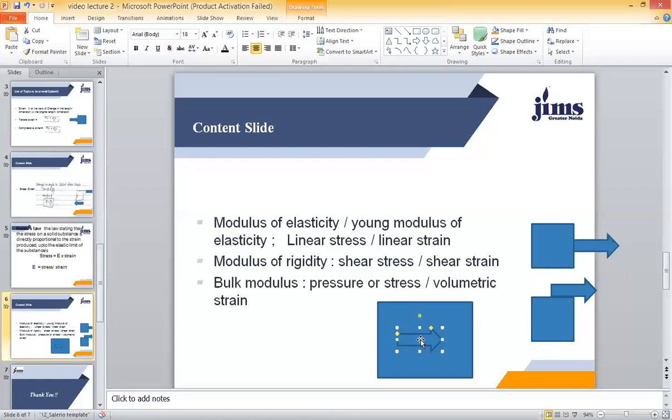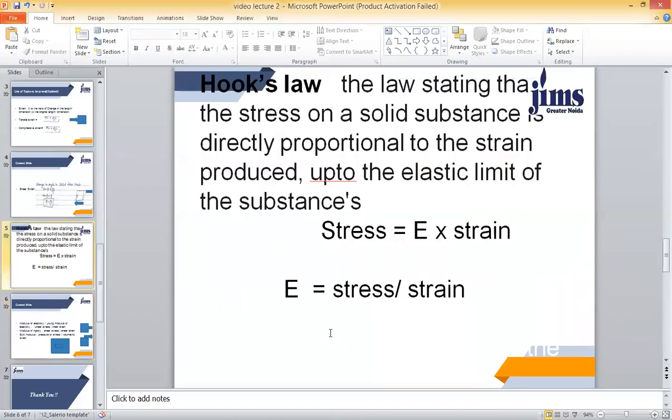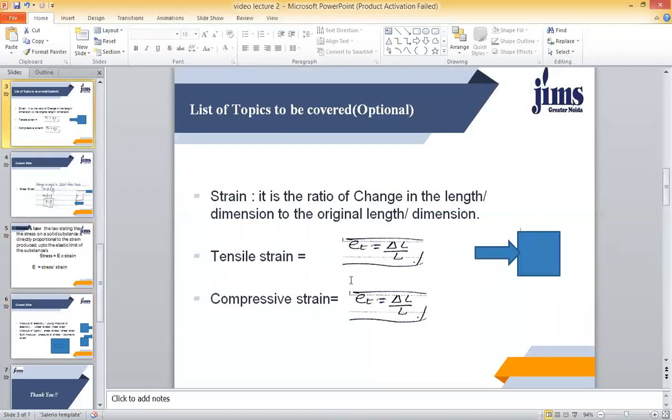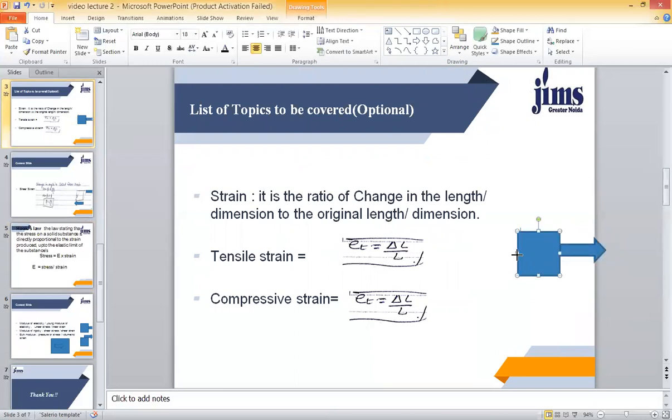So in strain, one more thing is there. If I have a rectangular block and I apply any force in its longitudinal direction, then the length of the block will be increased by delta L amount.